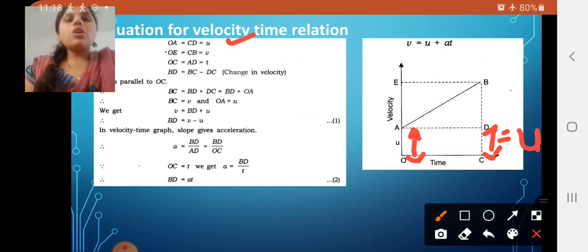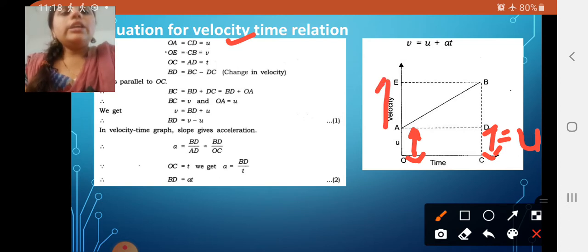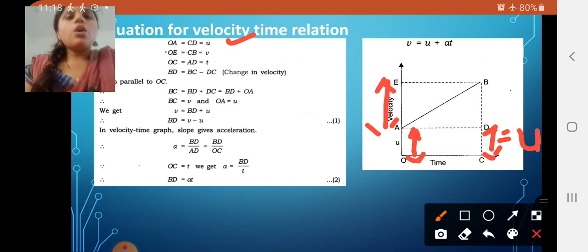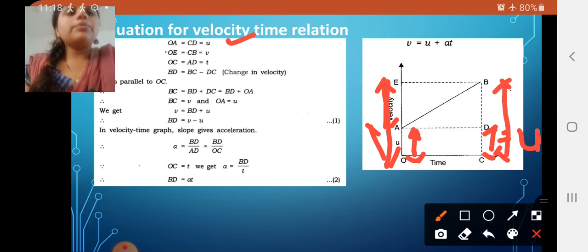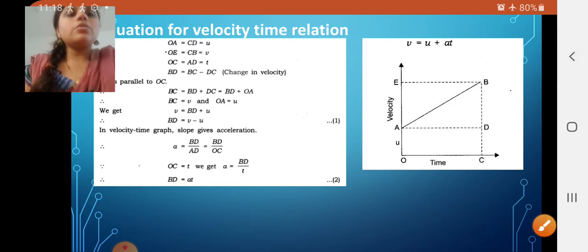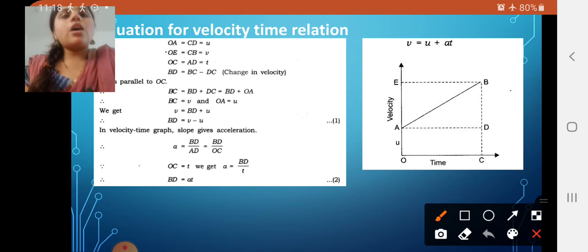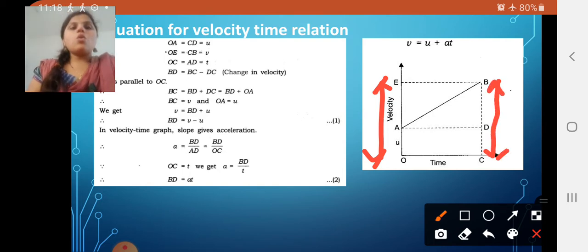Then OE, the distance between OE and CB, is represented as v.